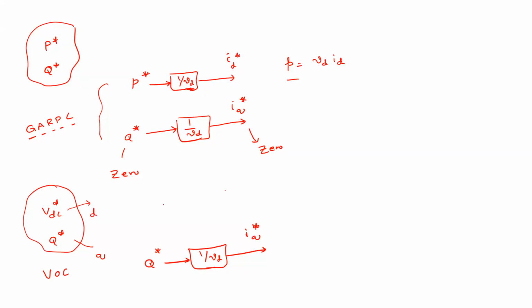So how to obtain this? We have the standard one, that is the PI controller. This is your VDC star, and this is VDC actual, with plus and minus, and after that you have the PI controller, so that gives you this ID star.